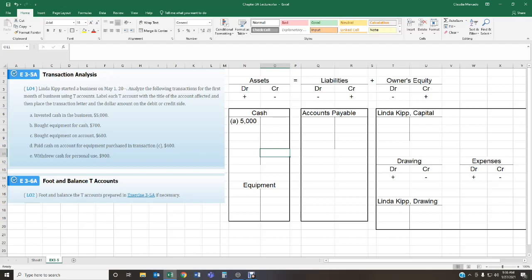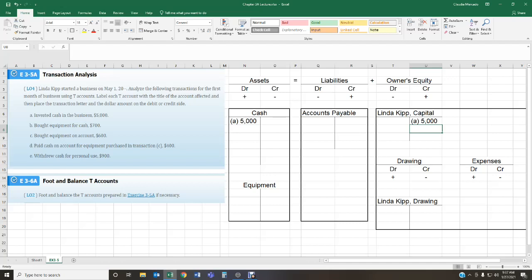My capital is increasing. For purposes of my owner's equity section, if my capital increases, I am going to credit my capital. So I'm going to go ahead and do letter A here, and my capital is going to be credited. So if you notice here, cash gets debited, capital for Linda Kipp gets credited. One debit, one credit, we are in balance.